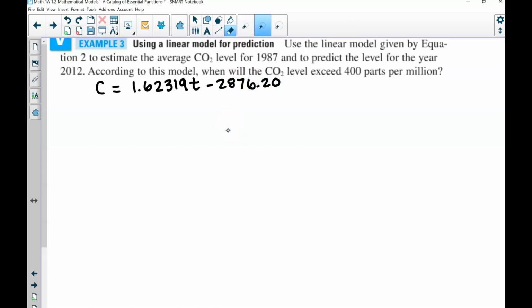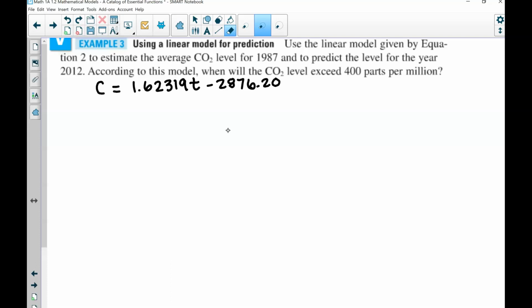What we want to do is estimate the average carbon dioxide level for 1987 and then also predict the level for the year 2012. And according to this model, when will the CO2 level exceed 4,000 parts per million?